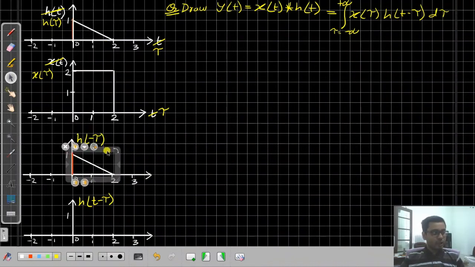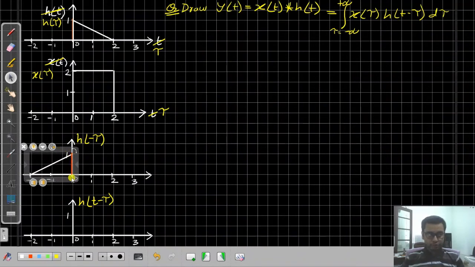So this was h(tau), and now I flip it, keeping the origin at the same position. So this is h of minus tau. Next we need h of t minus tau. Okay, for that we have to shift this signal or time shift this signal.